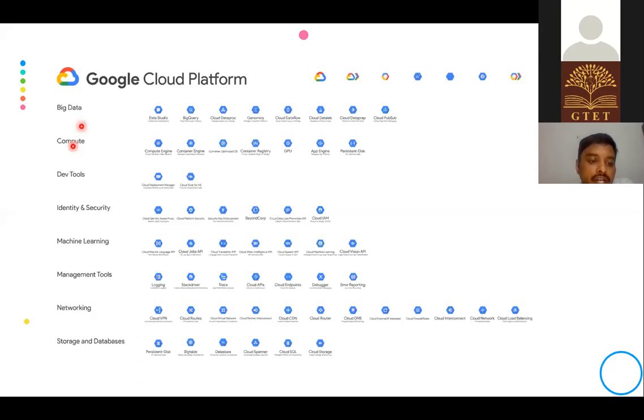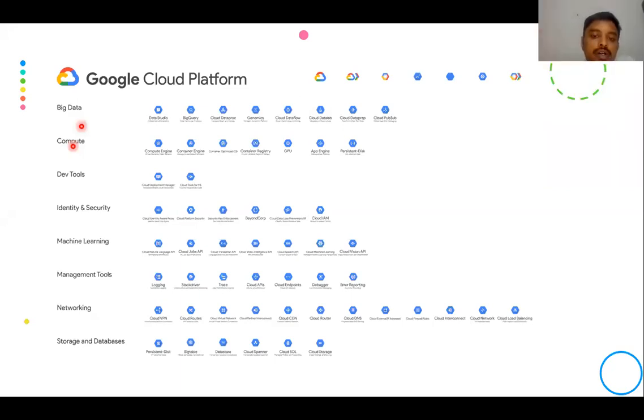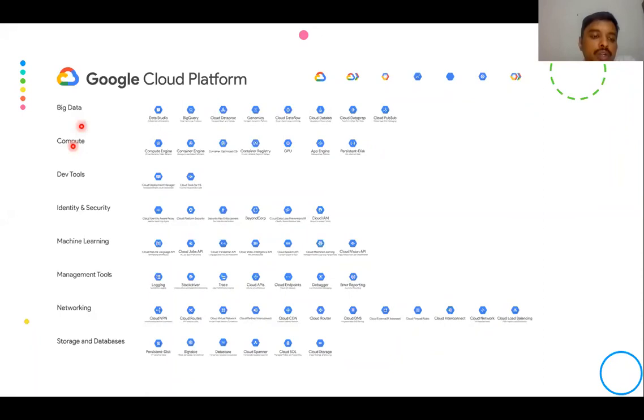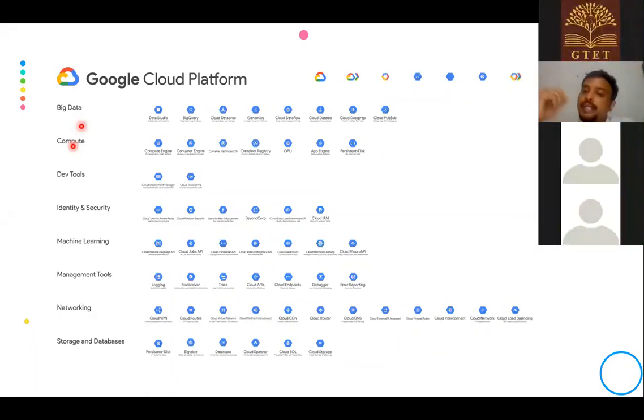And then you have your networks. You have virtual private networks. You have your own cloud network. If you want to create a private cloud, you can leverage some of these tools to build one. And then you have your databases which store your data, right?